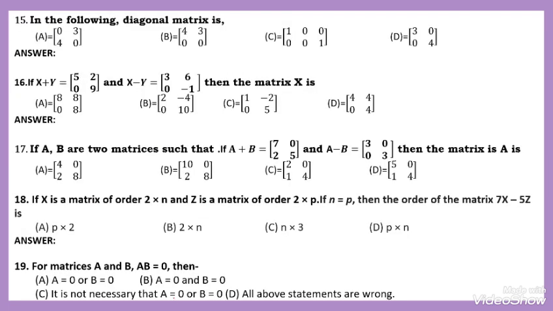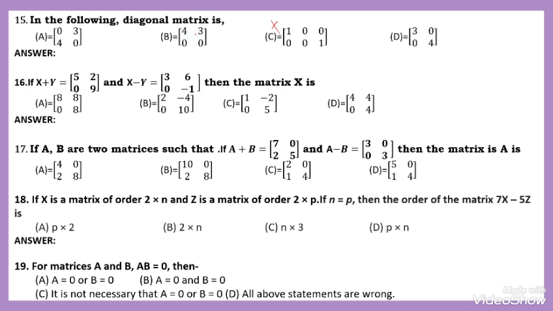Next question, question number 50. In the following, a diagonal matrix must be a square matrix. This is not a square matrix, so I will neglect it easily. Again, a diagonal matrix means the diagonal elements are present and non-diagonal elements are 0.